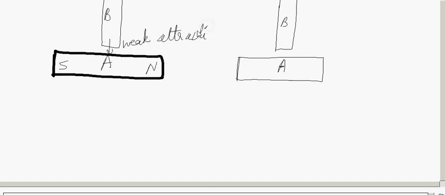On the other hand, if B is magnetized and if you place A like this, then there will be a strong attraction. Why? Because the pole is here, so it will attract, but here the poles are away from the bar.